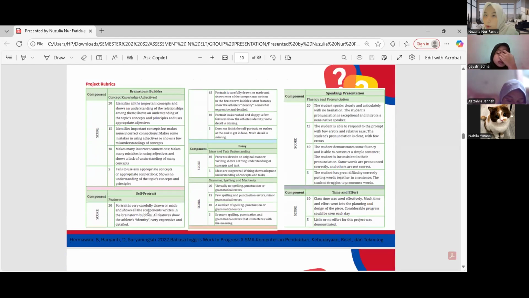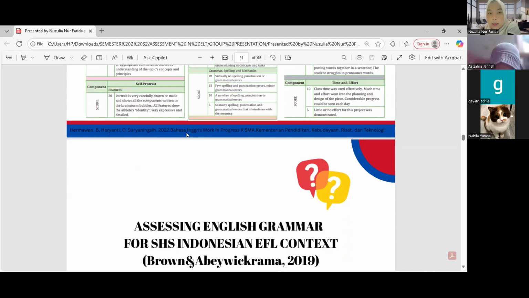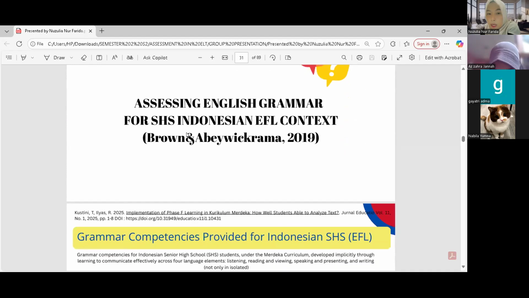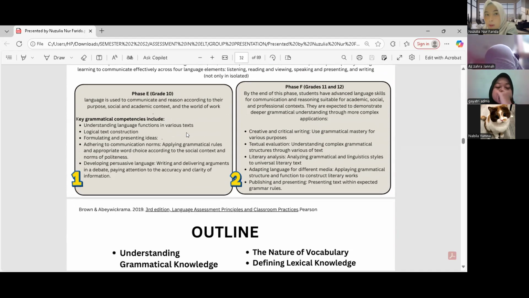And here are the project rubrics, or rubrics of assessment, for senior high school students in level 10. Here is based on the books provided. And for the grammar, there are several grammar competencies provided for Indonesian senior high school students. The key grammatical competencies include, first, understanding language function, logical text construction, formulating and presenting ideas.